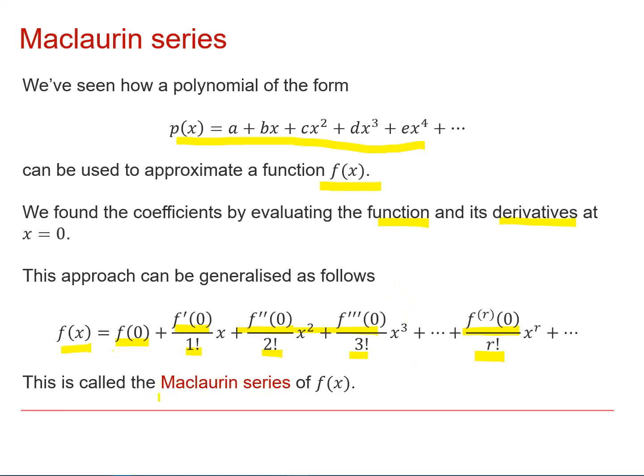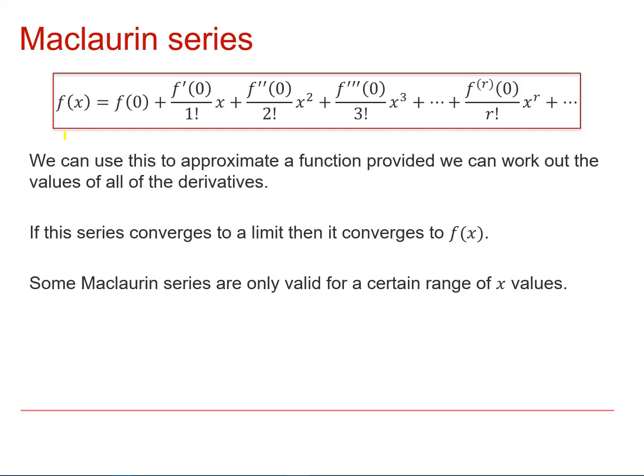This series is called the Maclaurin Series of f(x). So here's my Maclaurin series written out up here, and we can use this to approximate a function provided we can work out the values of all of its derivatives at 0. So it must be continuously differentiable and it must have values that exist at x equals 0.